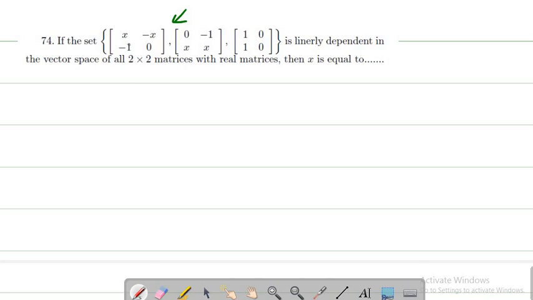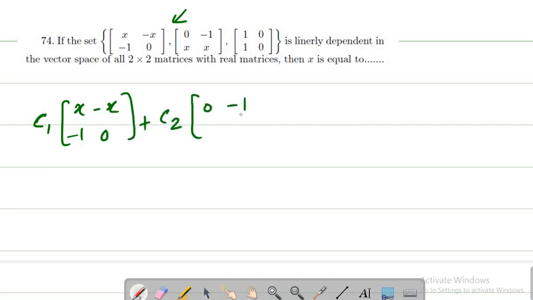You know that we say three vectors are linearly independent if we take a linear combination c1 times (x, minus 1, 0) plus c2 times (0, minus 1, x) plus c3 times (1, 0, 1, 0).